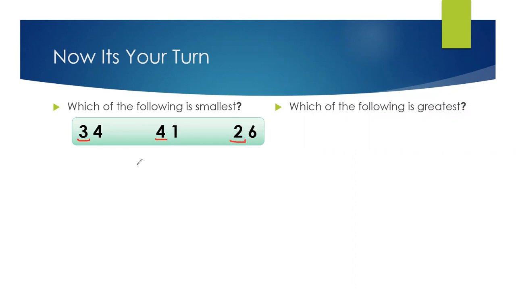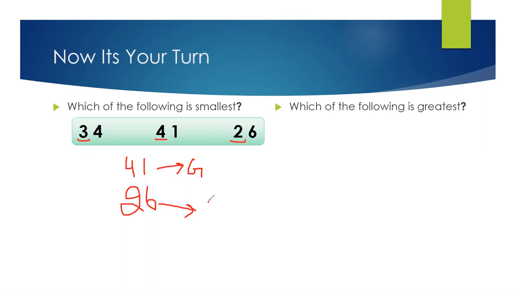Then we can see that 4 is the greatest, and 2 is the smallest. So we can say that 41 is the greatest and 26 is the smallest.